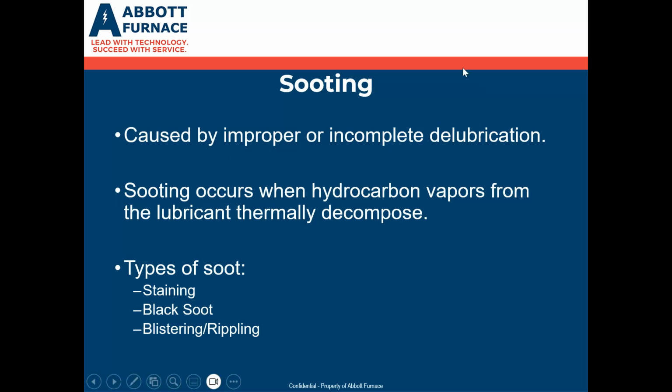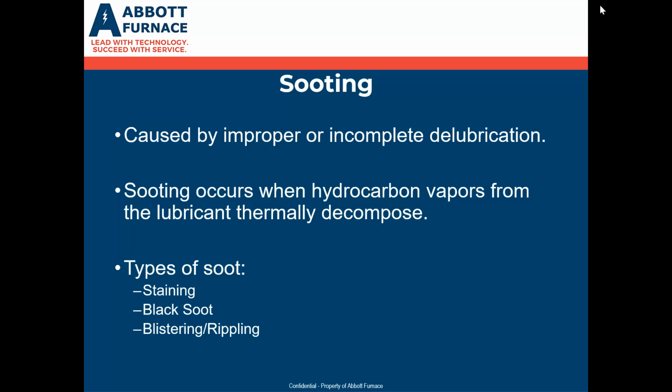Sooting we talked about; there are some different kinds of sooting that we'll see in the next couple of slides. Soot is caused by improper or incomplete removal of the lubricant from the product. As that lubricant gets hot, it breaks down into a carbon.